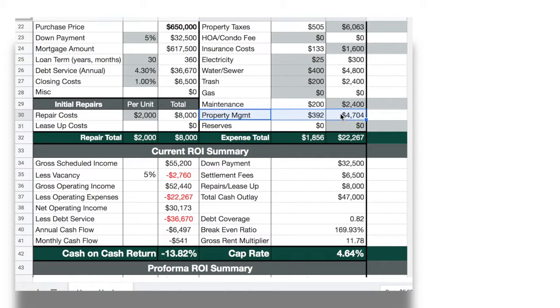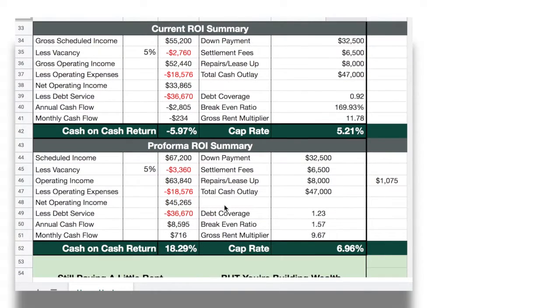Maybe you'll want some help with the lease-up portion. Let's just assume there's going to be 1 turnover a year, and they're going to charge you, we wouldn't charge you this much. Let's say we charged 0.75 times monthly rent. Okay, so that just went down substantially.